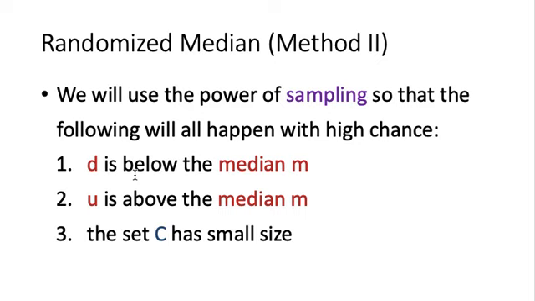Okay, so how do we do these steps? So here in this method, we will rely on the power of sampling so that the following scenario will happen with high chance.